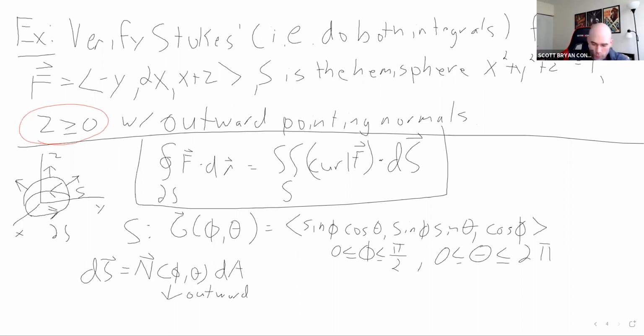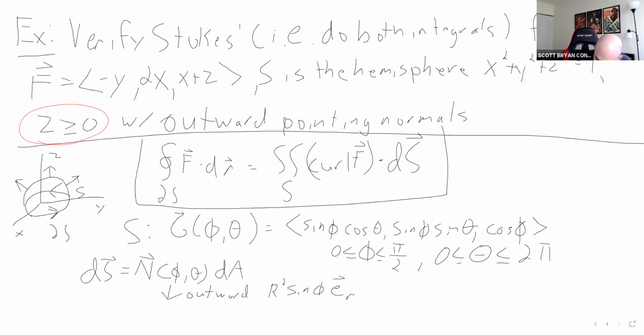If we're a sphere, that is just the radius squared, whatever the radius is of the sphere, in this case it's 1, times sine phi, times the radial unit vector, which is just the parameterization divided by the radius. Well, the radial unit vector is just our parameterization itself now because our radius is 1.